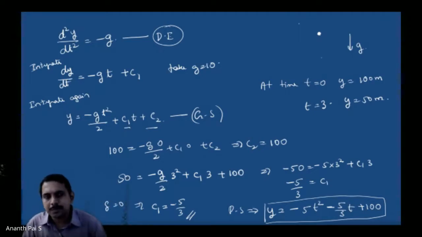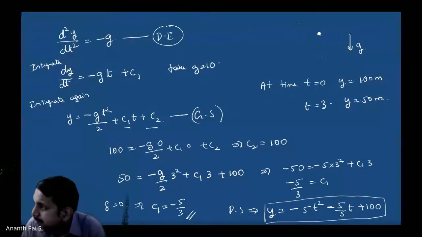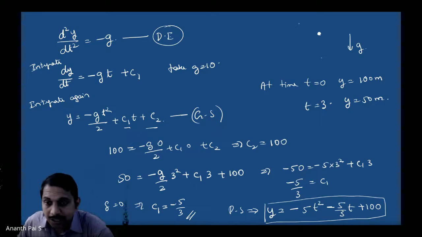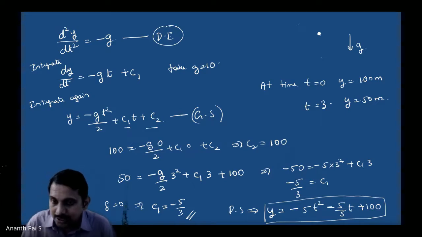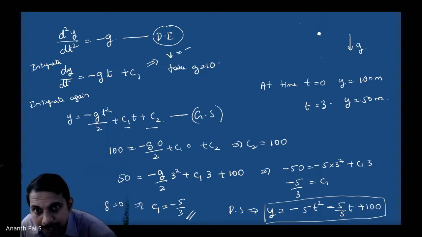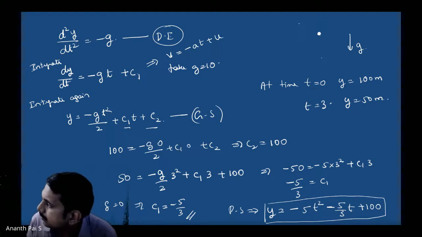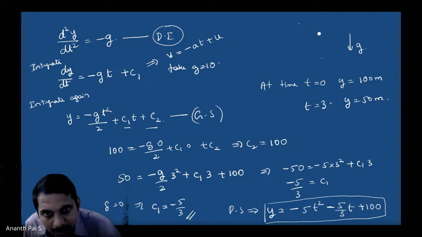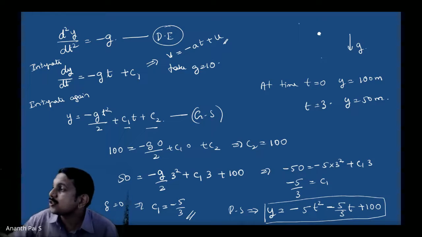Now what does that mean? This also means something else. In the falling stone, one thing that happens here, I'll tell that. See here, this particular one can be equivalent to saying v is equal to minus at plus u. So c1, what we had, is actually the initial velocity.